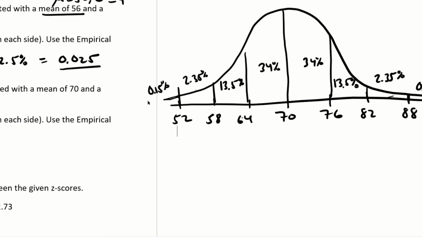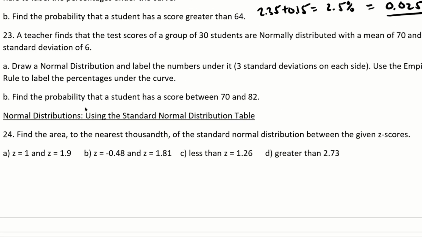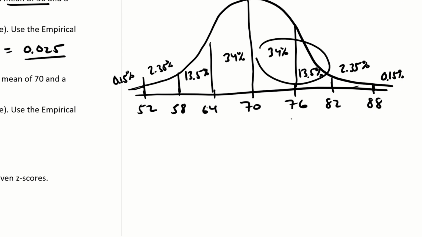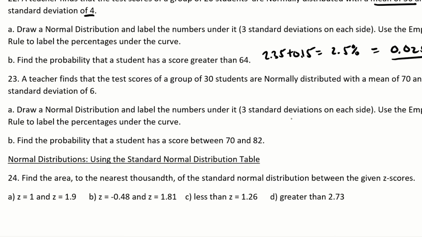So part B, find the probability that a student has a score between 70 and 82. Okay, so between 70 and 82. So that means we're adding these two percentages between 70 and 82. So 34 plus 13.5, so that's going to be 67, or I'm sorry, 47.5.